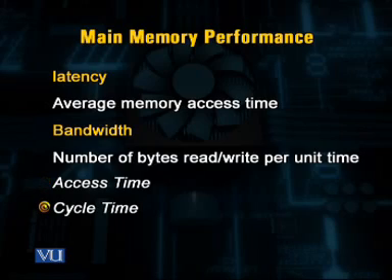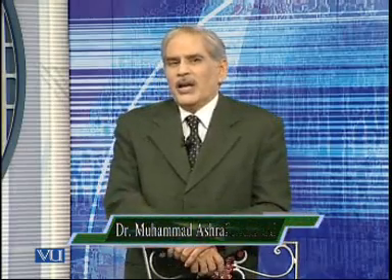As we have already discussed, the access time is the time between request and the word access, and the cycle time is the time between requests. Whereas the bandwidth has an impact on the performance of inputs and outputs and the use of multiprocessors.